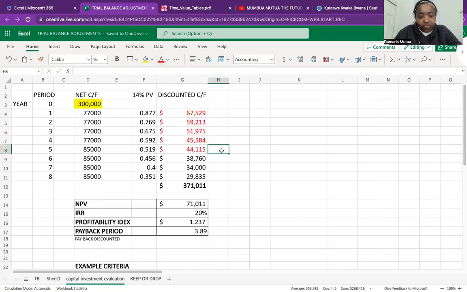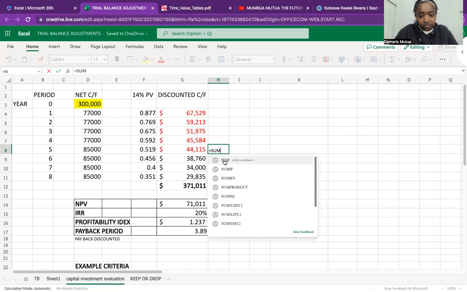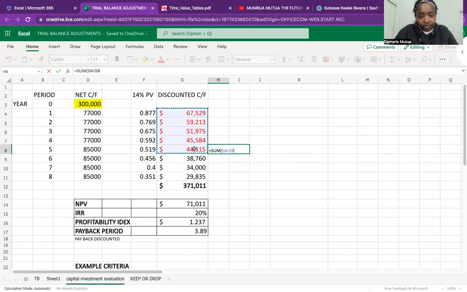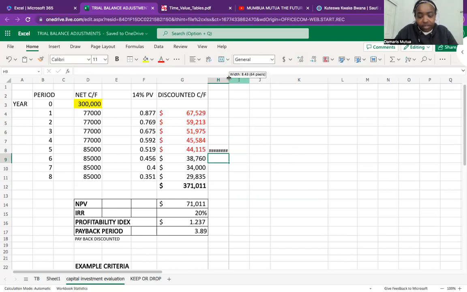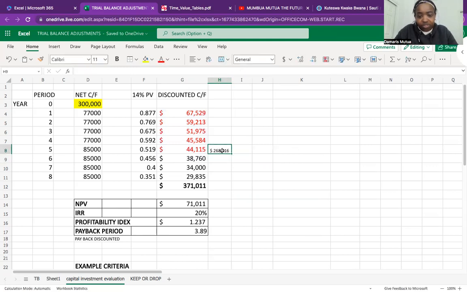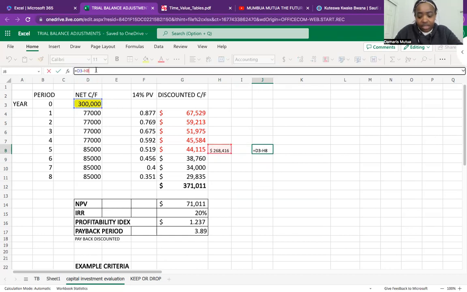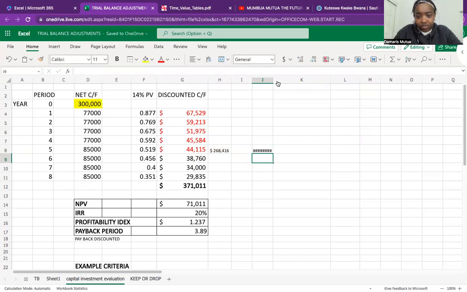By the end of 5 years, we'll have recovered this much. By the end of 5 years, we've recovered 269. So how much do we need? We have 300, we've already recovered 268, so we need 31. So you take 31, you divide by 38.